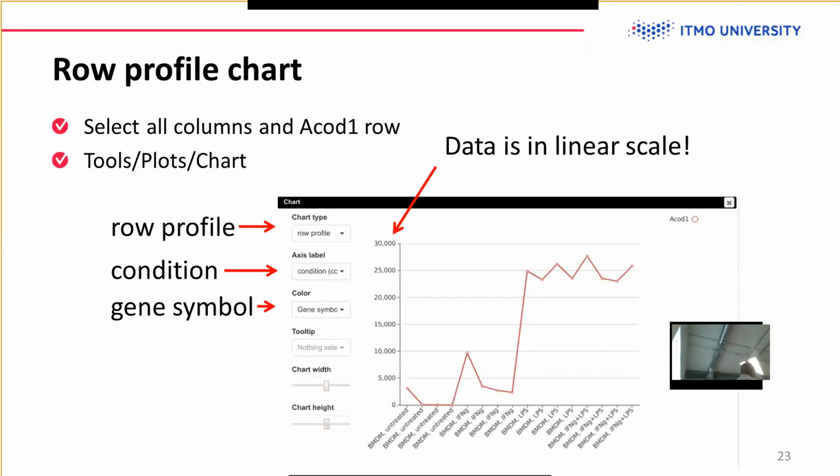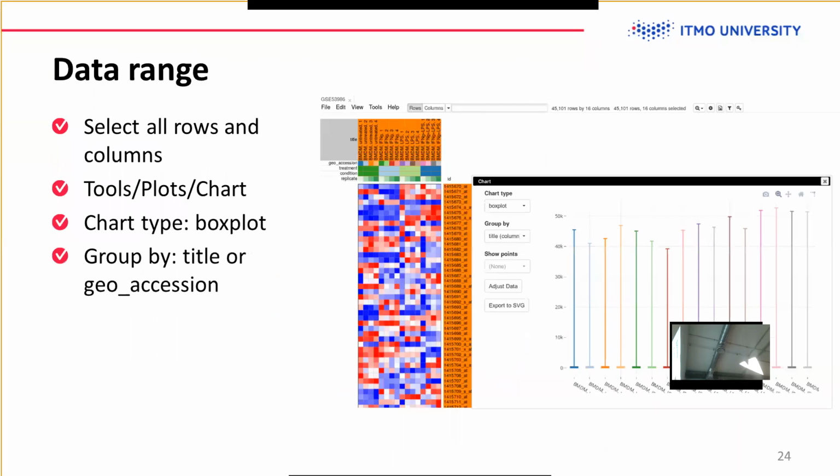One of the things that you should notice is that the numbers here are indeed very high. It goes from 0 to like 30,000. And that means that the data is on a so-called linear scale. To see it a bit better, we saw this particular gene, so let's do a plot of all the genes.